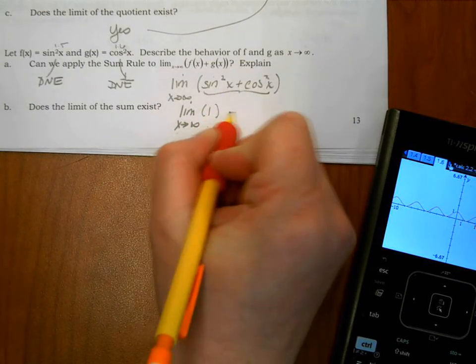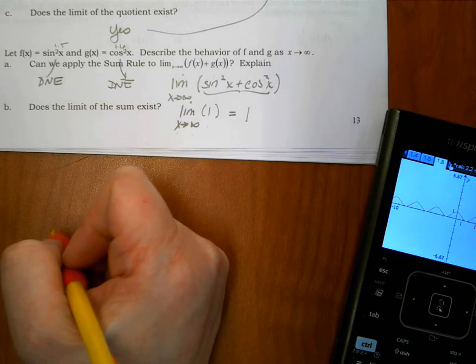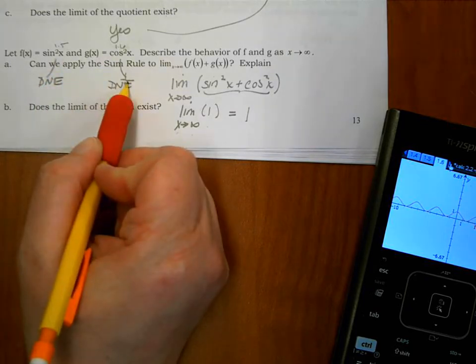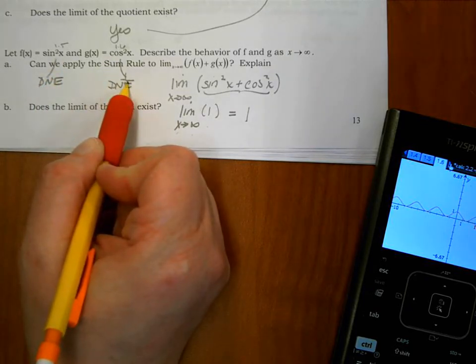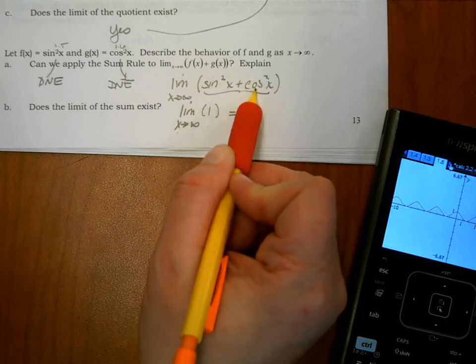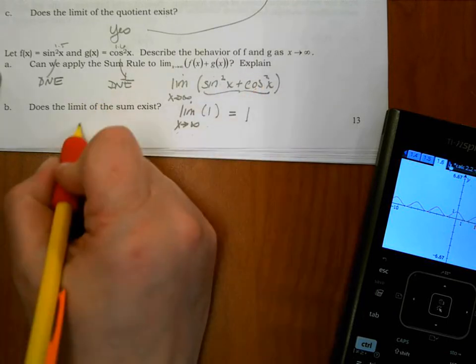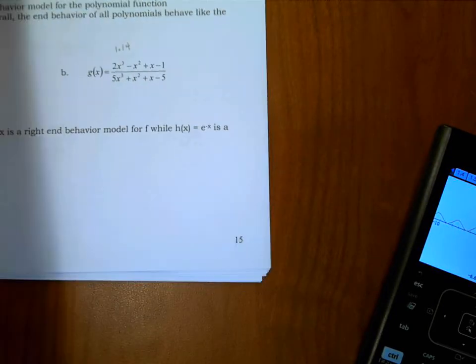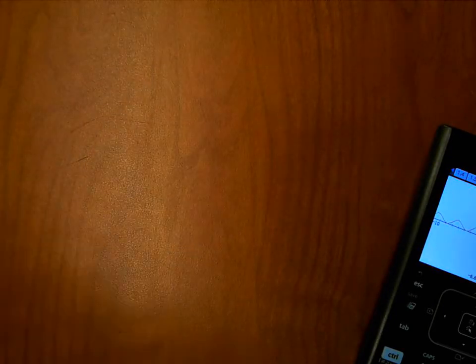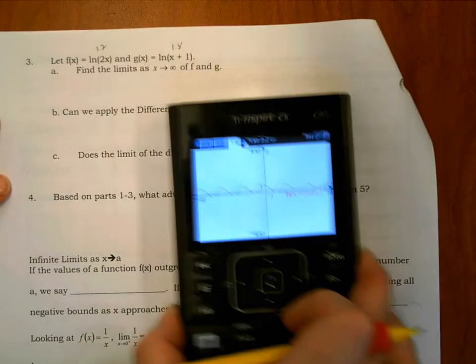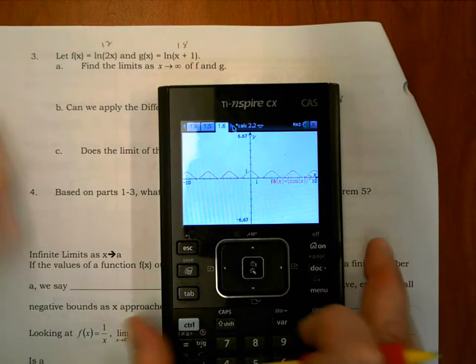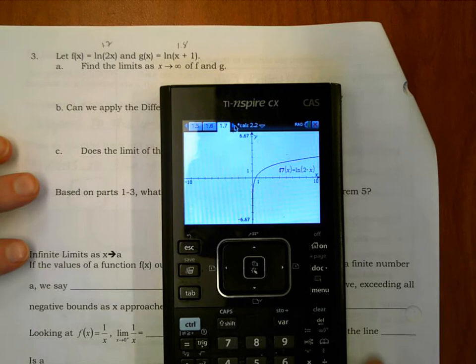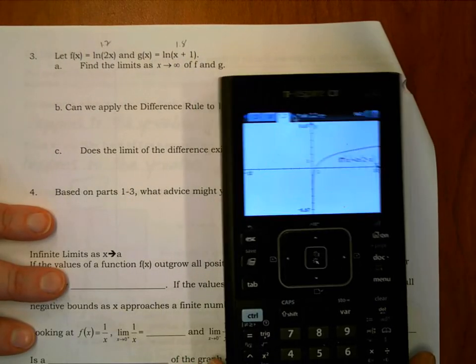And the limit of 1 is 1. So when we look at things individually, like using that property, we would get that the limit doesn't exist. But if we use properties that we know, like special properties of functions, then that limit actually does exist. Okay, so the whole point of this is to really be careful about how we're using those properties, because some functions have special properties that allow us to do things.